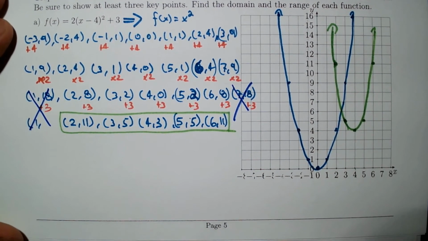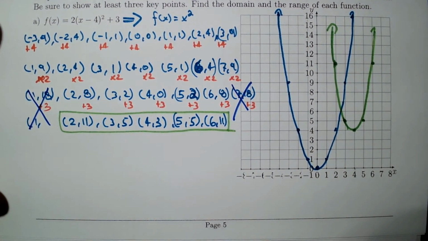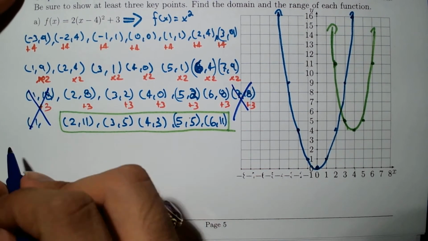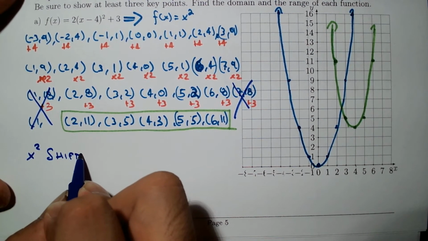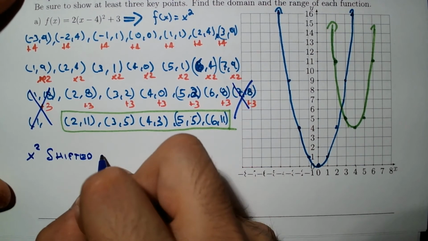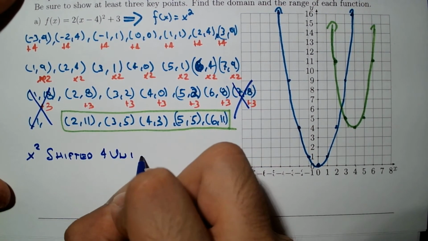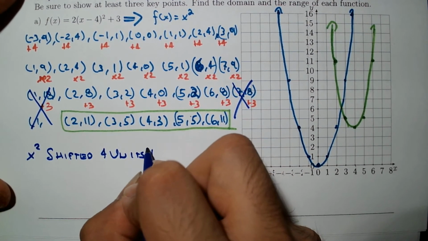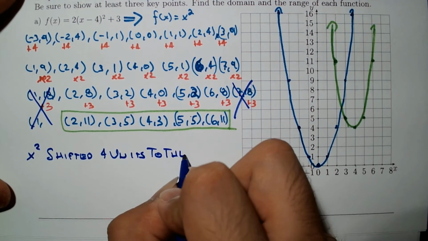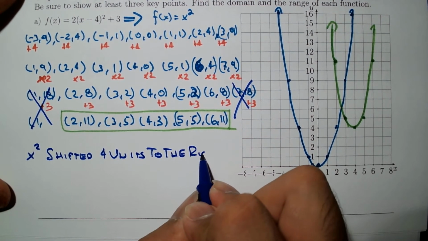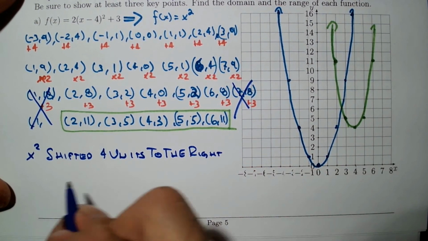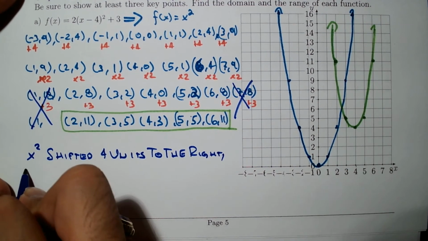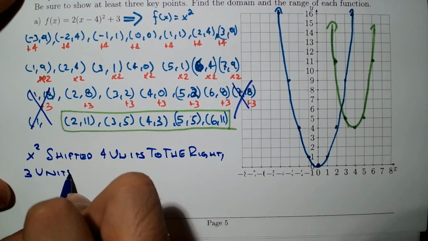Now let's describe these transformations in words. So we have x squared shifted 4 units to the right, and then 3 units up.